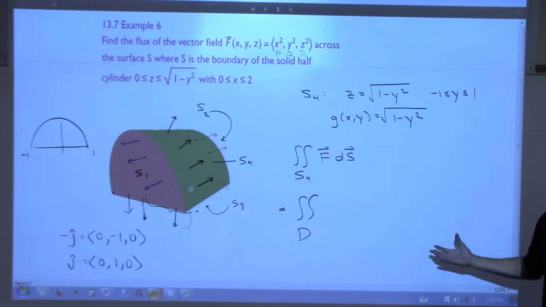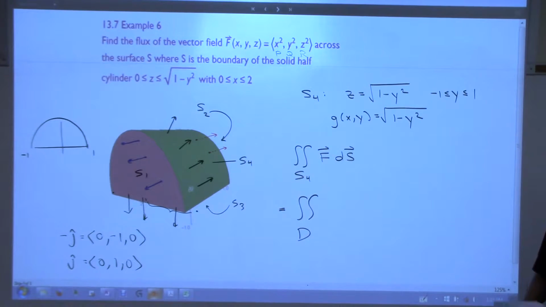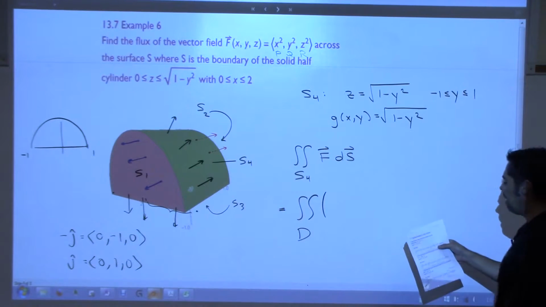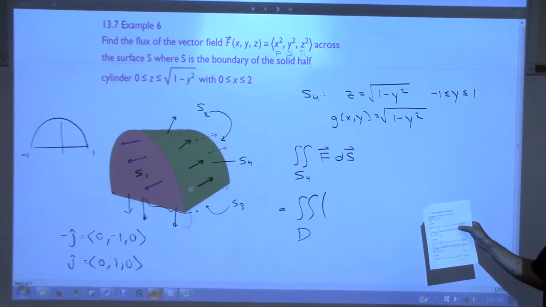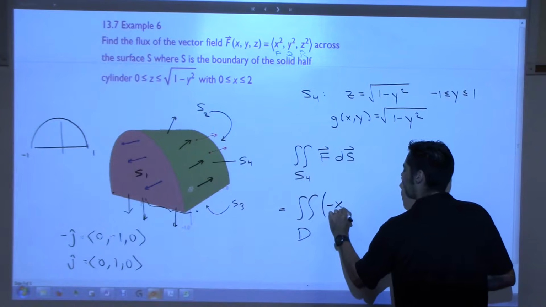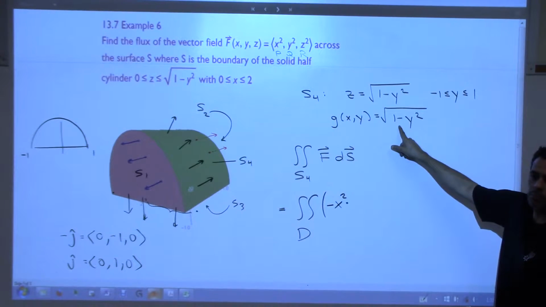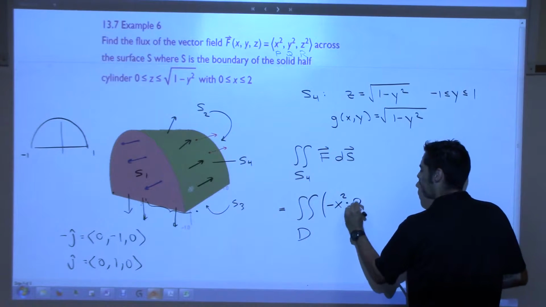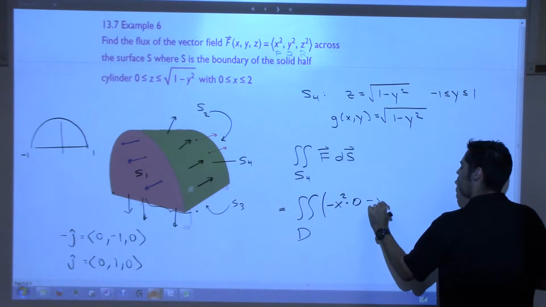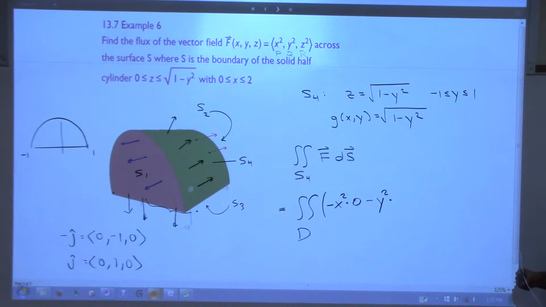It's a rectangle, so it's going to be pretty straightforward limits of integration, right? And I'm going to be doing here negative P, which is negative x squared, times the partial of g with respect to x, 0, there is no x in there, okay, minus Q, minus y squared, times the partial of g with respect to y.